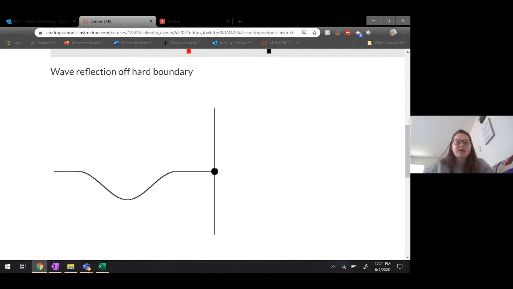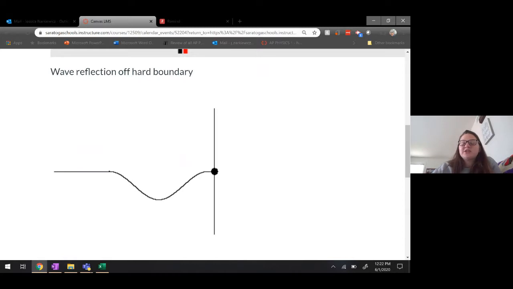So in this case, the wave, or what's being shown here, pulse, inverts at that boundary. It phase changes 180 degrees or flips 180 degrees, as I say. Okay? So waves come in, they bounce off, and it flips. So that's at a fixed or hard boundary.